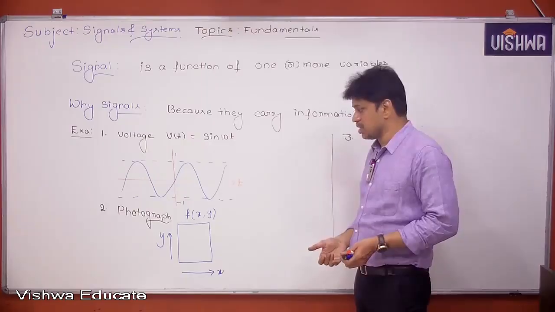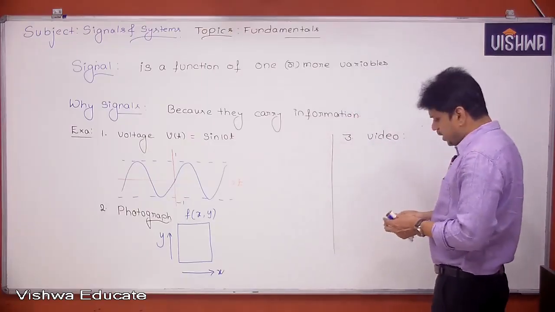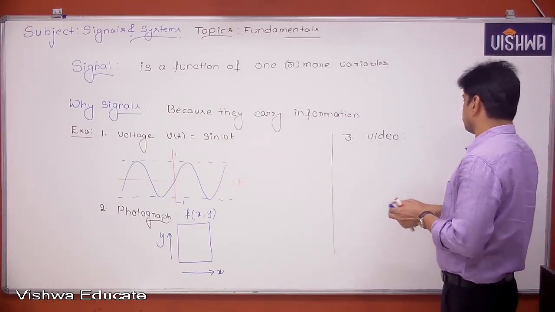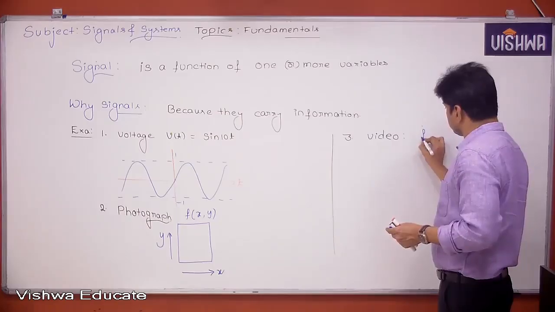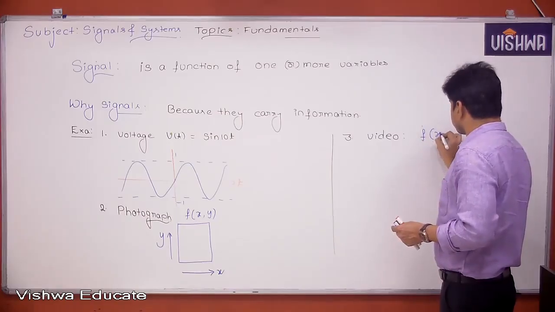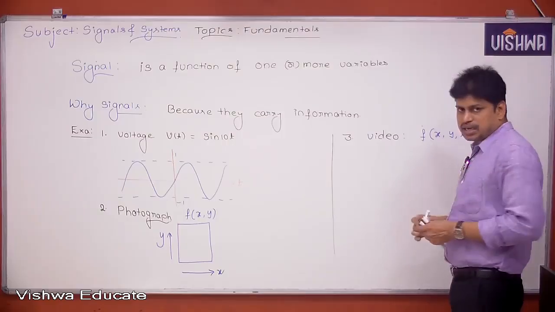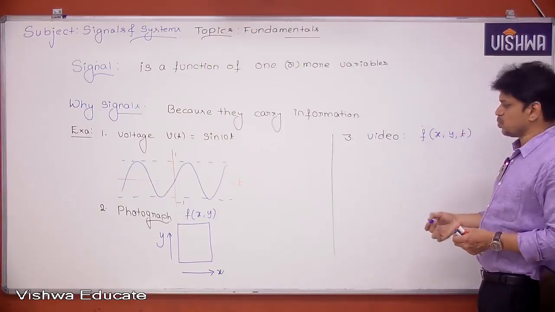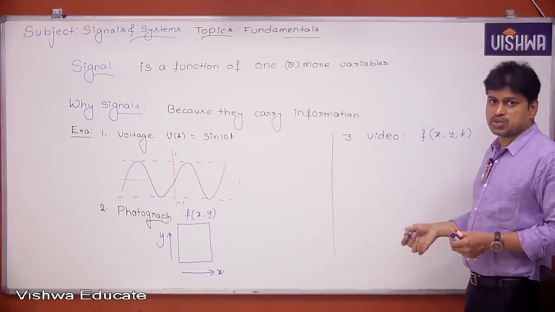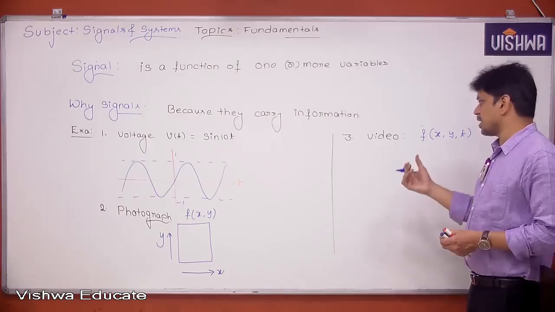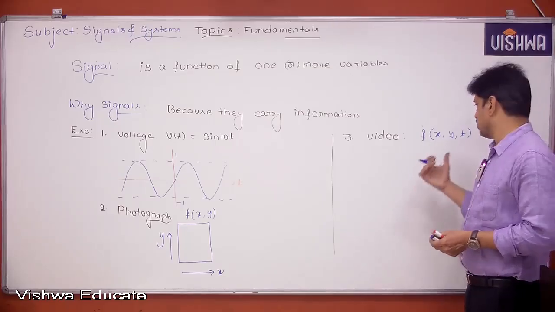That is as simple as that. So I can say video is a function of the x-axis, y-axis and time. It means the color is changing with respect to the x-axis, y-axis as well as time. That is going to create video. So I can say this is a function of three variables.